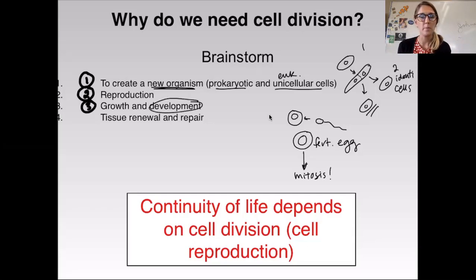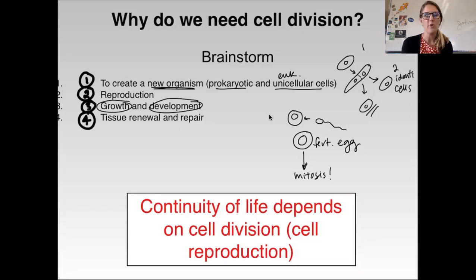Also in terms of development, we're not only a sack of cells, we have developed neurons and bones and hair and all this cool stuff. So not only have we grown from that fertilized cell, but also many of our tissues have developed as well. And then the fourth one is renewal and repair.